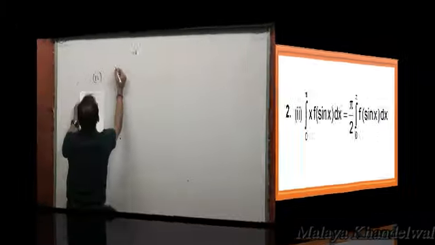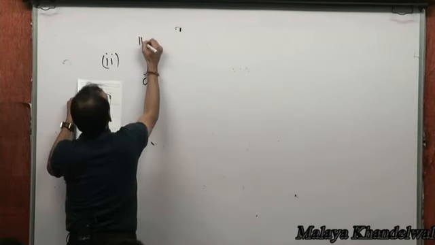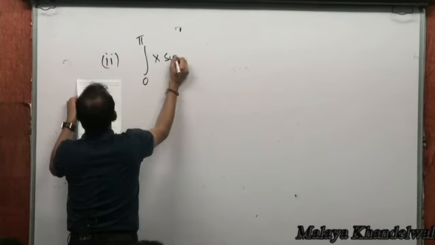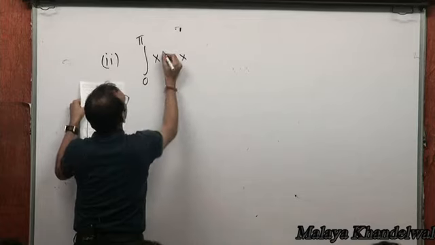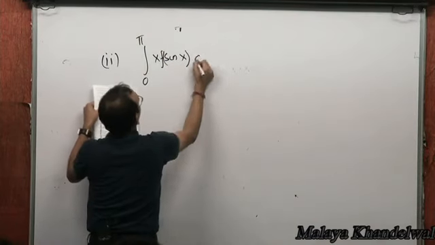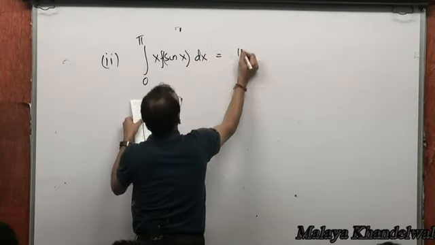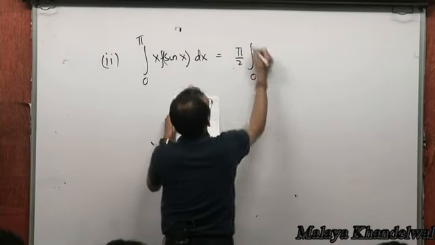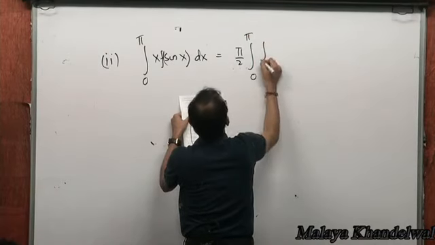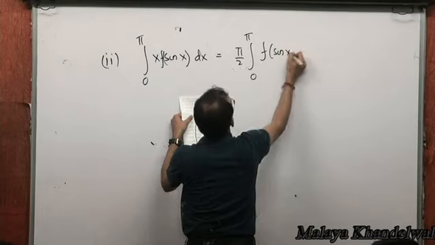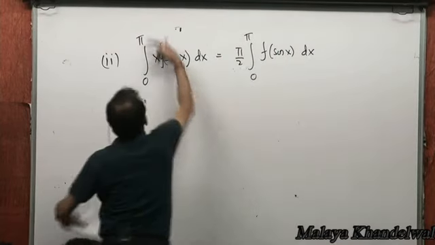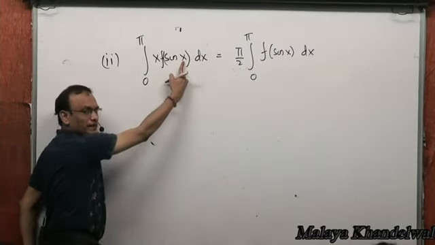Part 2. 0 to pi x sine x f of sine x dx is pi by 2 times 0 to pi f of sine x dx. Very simple, isn't it? 0 to a, I can replace x by pi minus x.